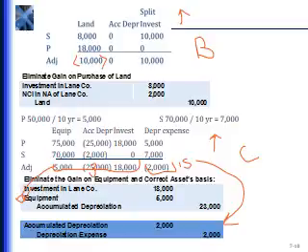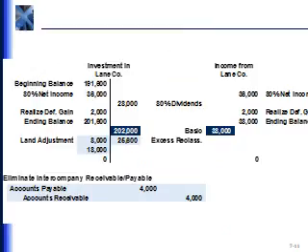That's 23. Increasing the accumulated depreciation. You'll be decreasing depreciation expense, decreasing the accumulated depreciation because it's overstated. This is to check that you've cleared everything off of the investment and the income statement.